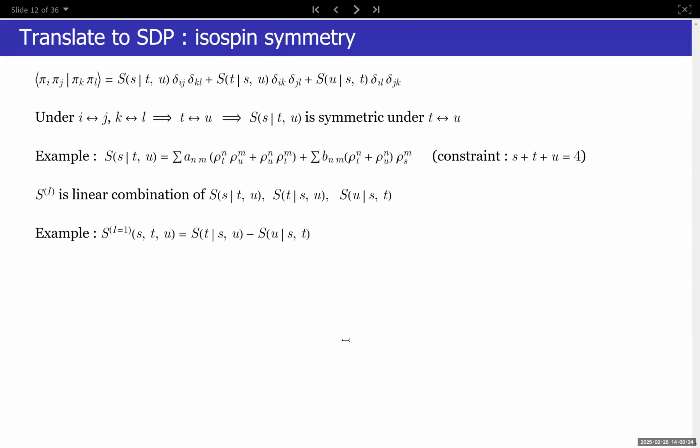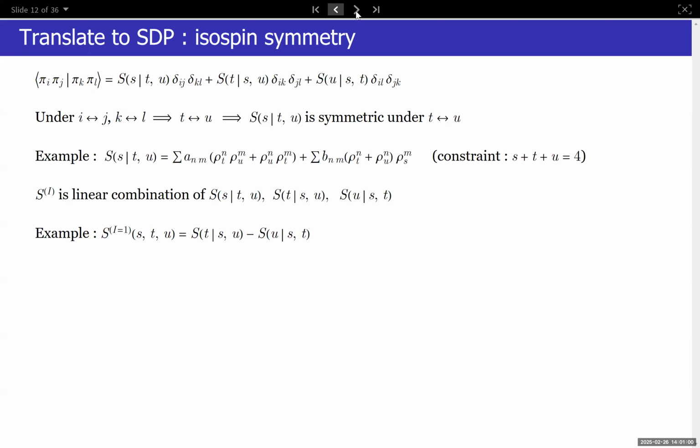After that, we can translate all S matrices in different isospin into those functions. In a specific example, the isospin 1 function is related to those functions in this way. You can imagine in the same way I can write down the S matrix for different isospin.